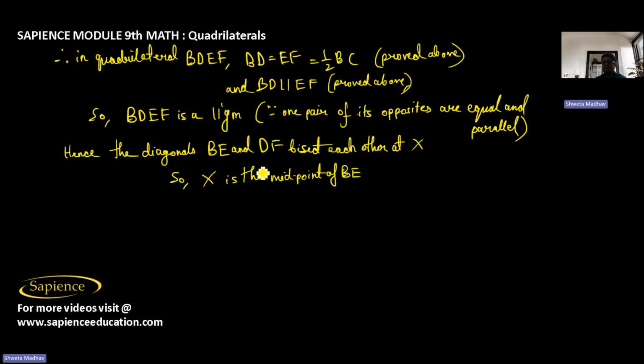The reason is that in a parallelogram, the diagonals bisect each other. So X is the midpoint of BE.